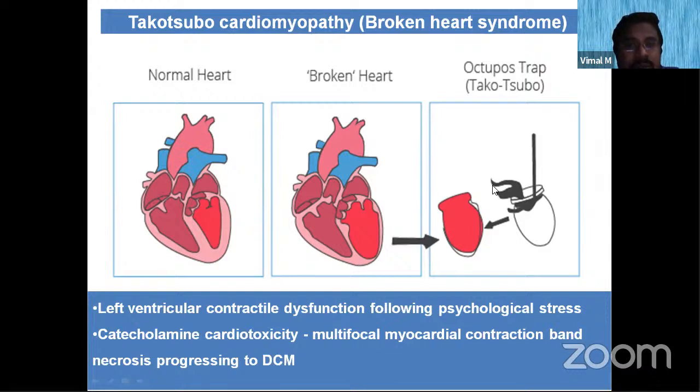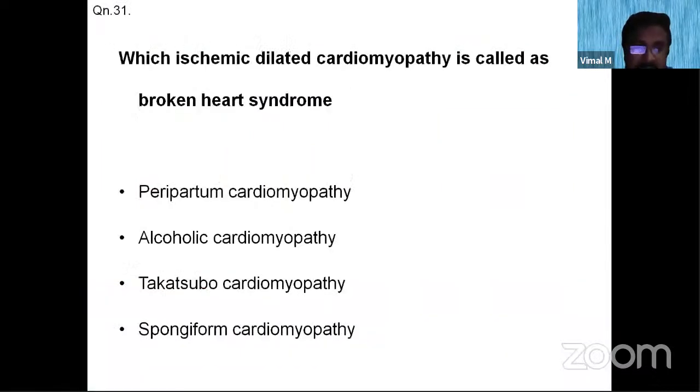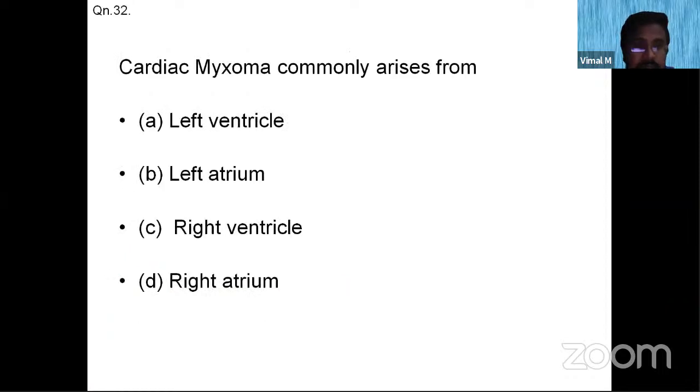Hence this cardiomyopathy is called Takotsubo. As it is associated with an emotional outburst, it is called broken heart syndrome or love failure syndrome. So this is a type of dilated cardiomyopathy. The answer here is Takotsubo cardiomyopathy.